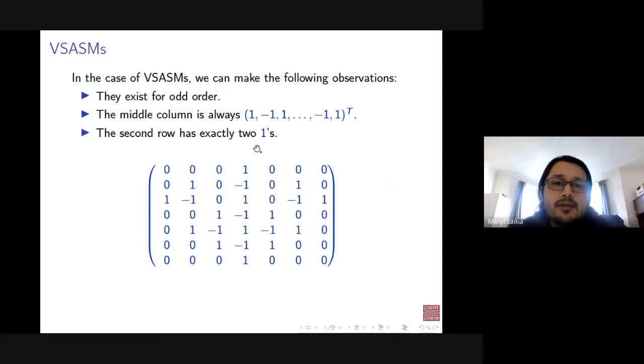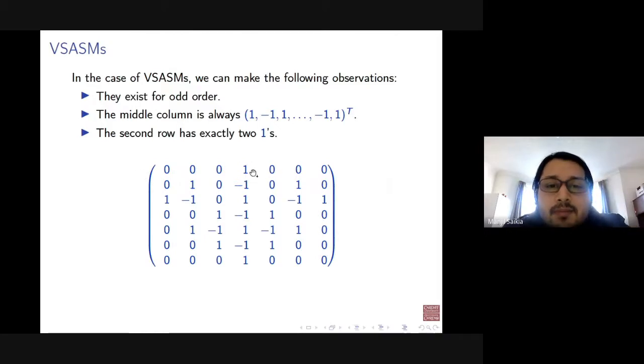And once you have this, the second observation is clear because of the symmetry. Since you have a vertical symmetry, everything to the left and to the right of the vertical symmetry has to be the same. And the first condition for the alternating sign matrix is that the sum of the entries has to be 1.